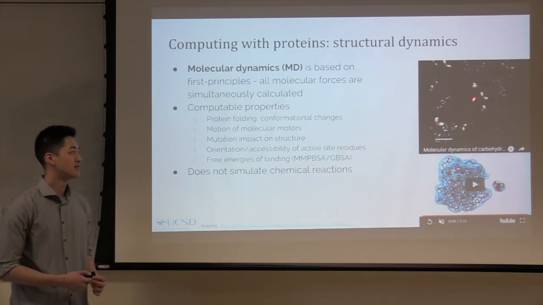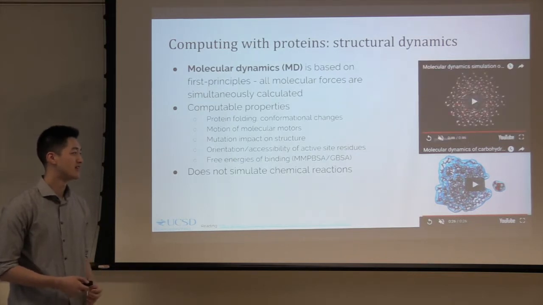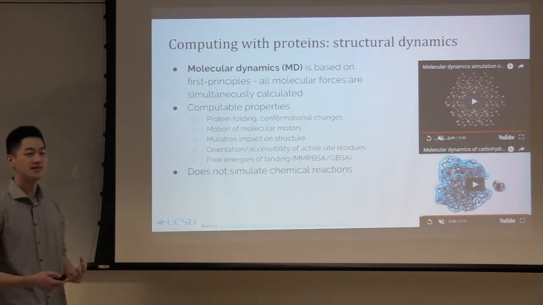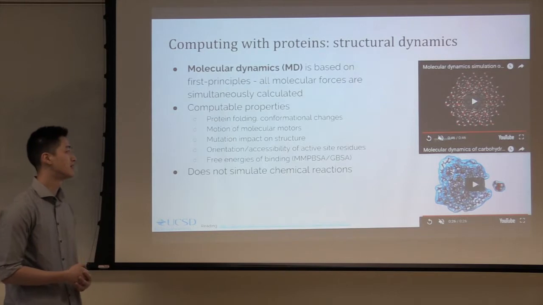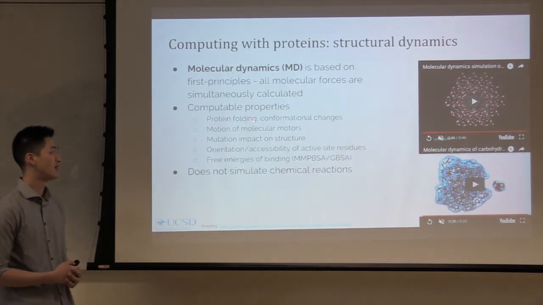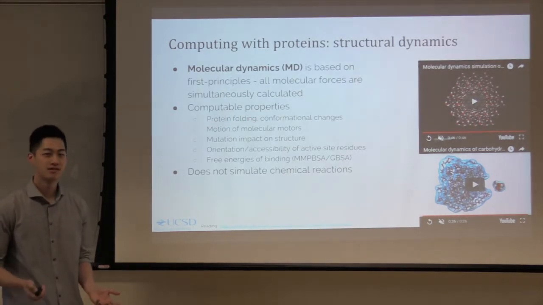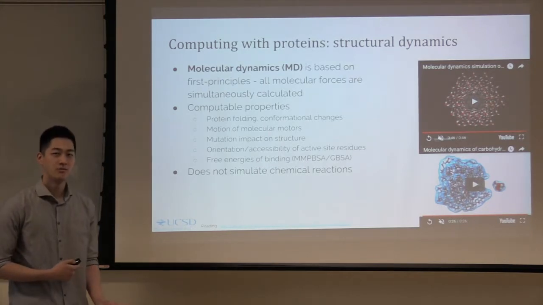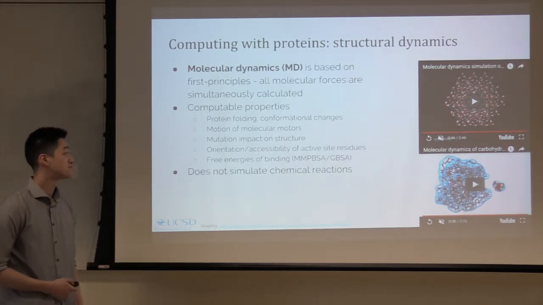Here, that was a simulation of water melting, and that was a simulation of a carbohydrate binding to a protein. With these simulations, you can get a lot of information. As we saw earlier, you can see how a protein folds and predict that. You can see the motion of different molecular motors and see how they function.